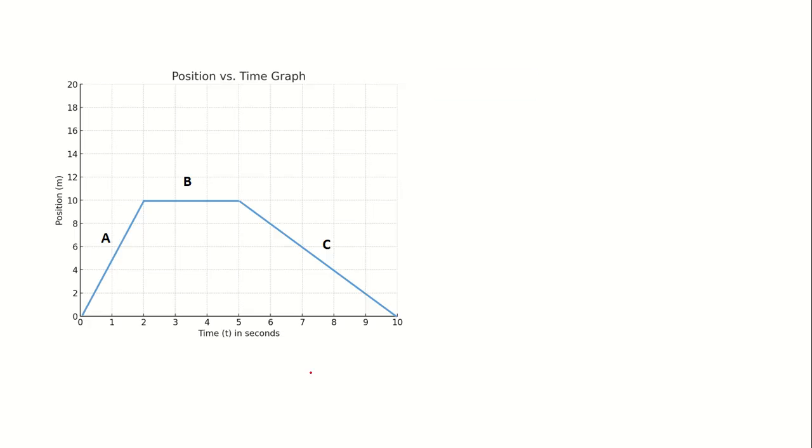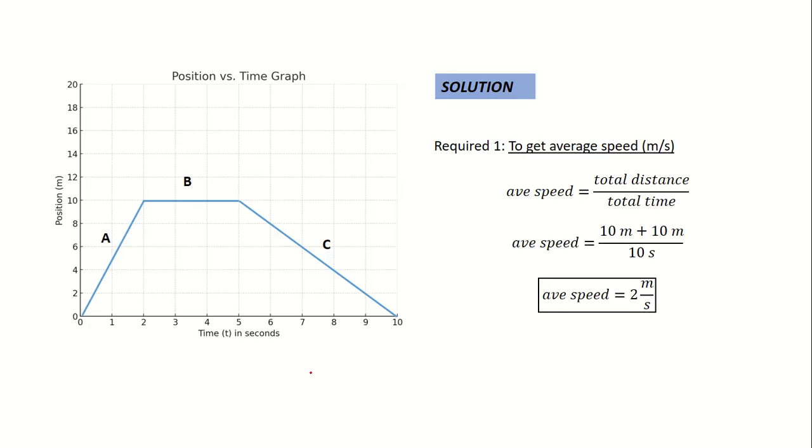Okay, so solution for the first required. Average speed is total distance. So we know that on this segment, it didn't go anywhere, so we don't have to worry about this segment. Segment A, it was able to cover 10 meters, so from 0 to 10.